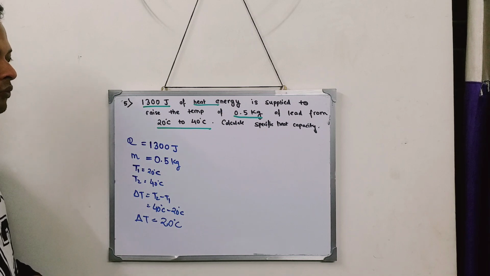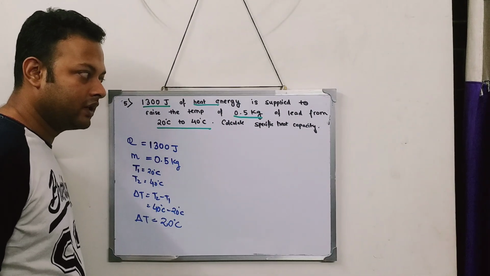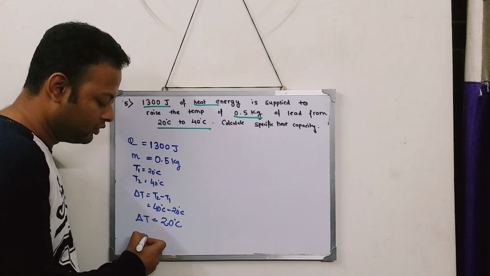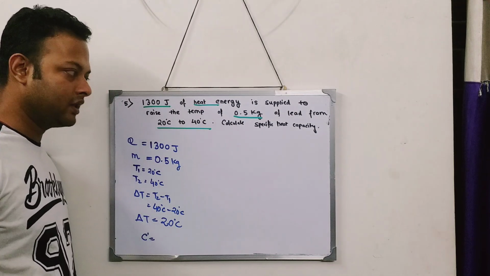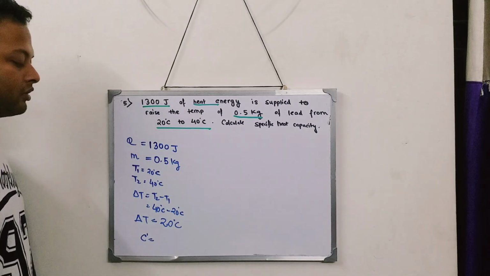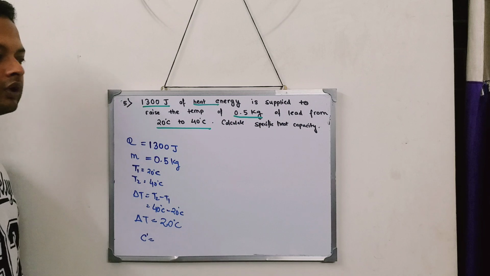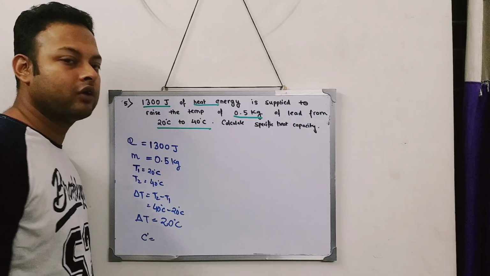So what are they asking me to find? They're asking me to find the value of specific heat capacity, C dash, actually. So I will use the formula. Which formula? I told you every sum in physics is related to a particular formula.